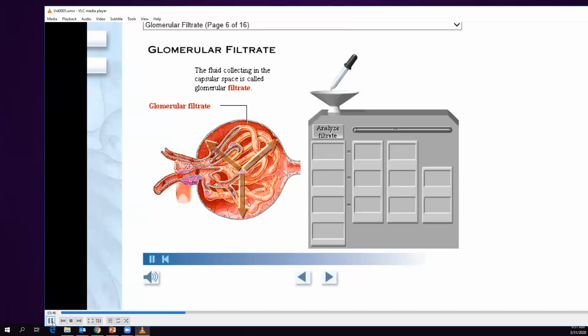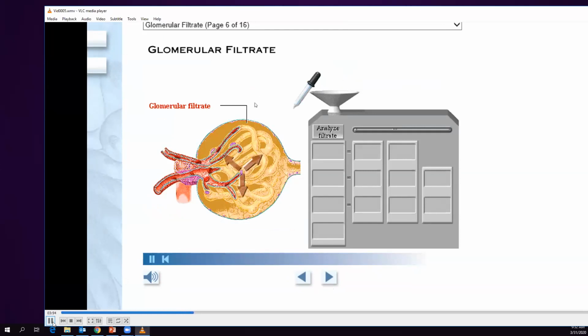The fluid and solutes collecting in the capsular space is called glomerular filtrate. Now click the pipette to take a sample of the glomerular filtrate and see what it contains. Now click the Analyze Filtrate button to determine the contents of this sample.